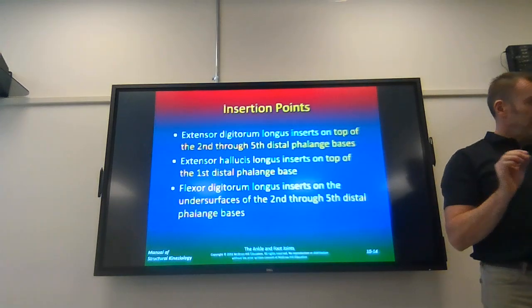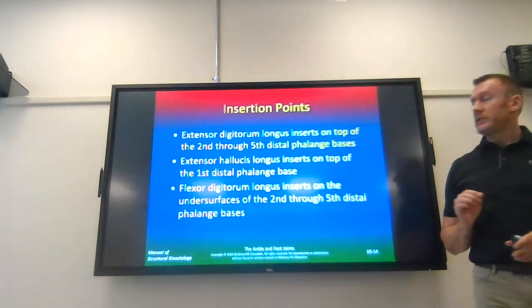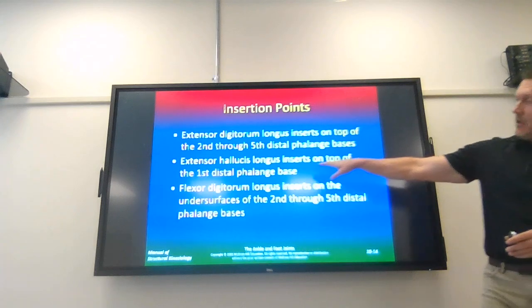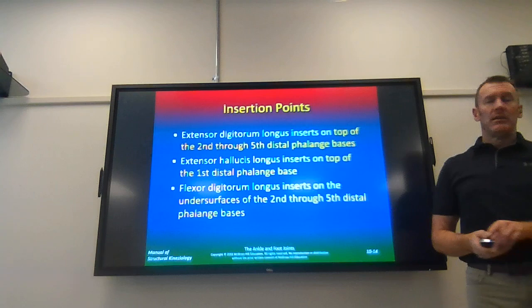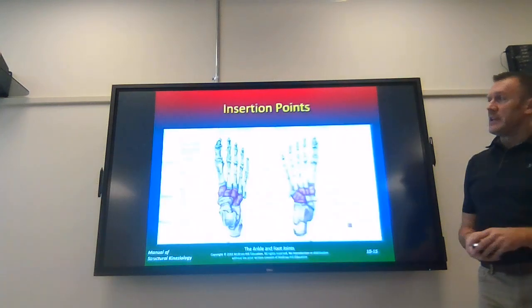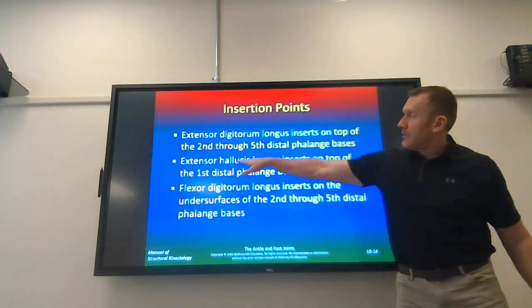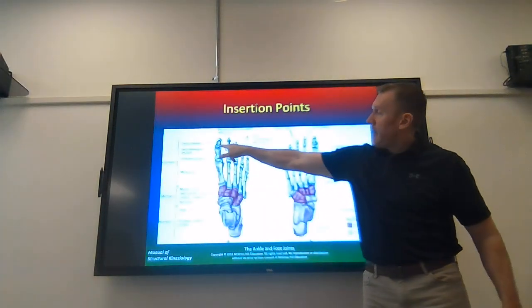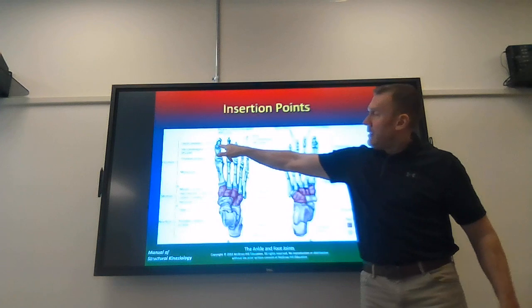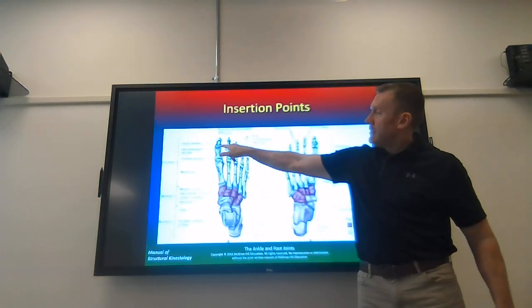So that's going to be the extensor of the great toe, so that's going to be the top of the first distal phalange base. Extensor hallucis longus. So that's going to be right here at the base of that distal phalanx.